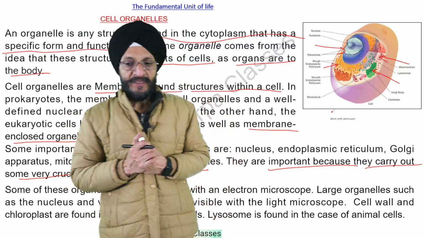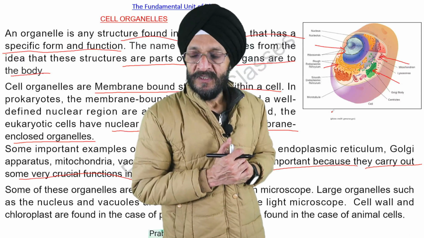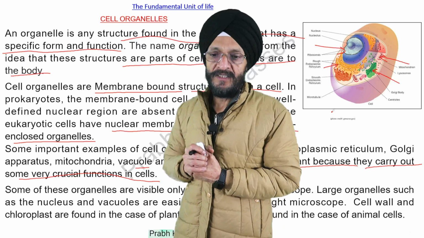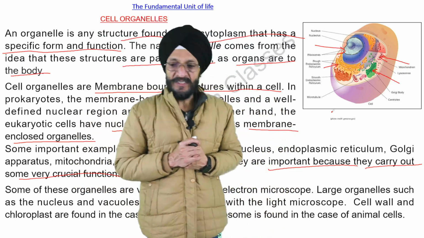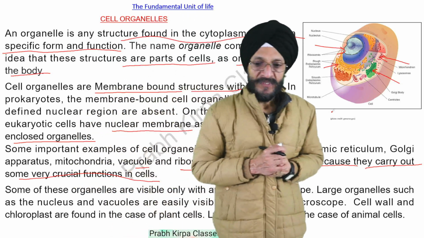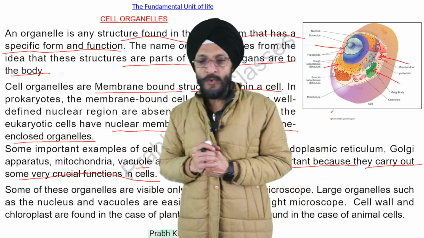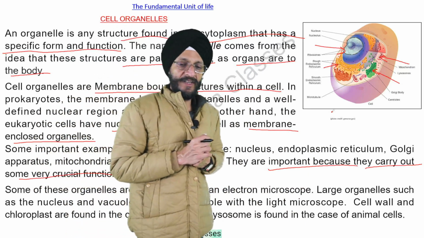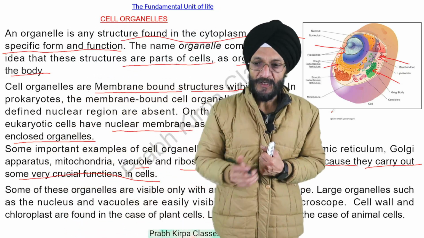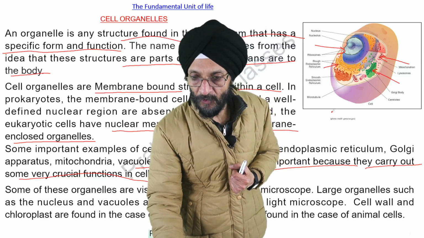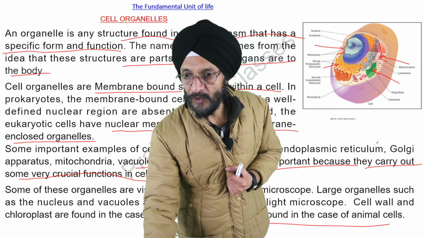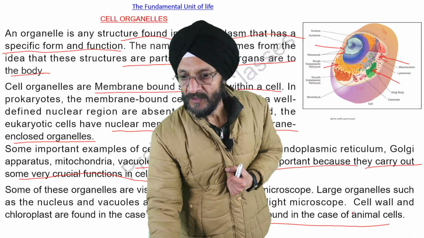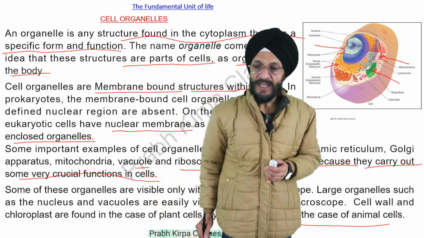Cell wall, as already told, is not present in animal cells. It is only present in plant cells. The chloroplasts are also found only in the case of plant cells because they are involved in the making of chlorophyll. These are the lysosomes. These are found in the case of animal cells.